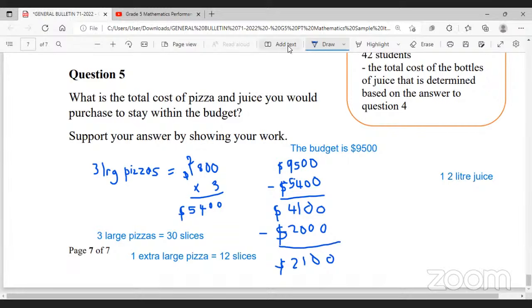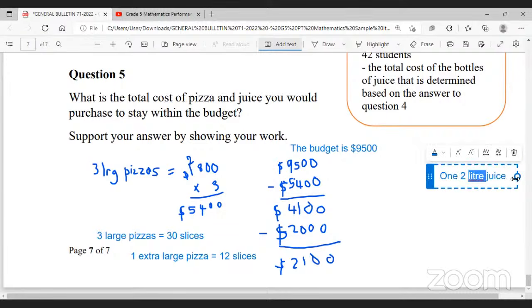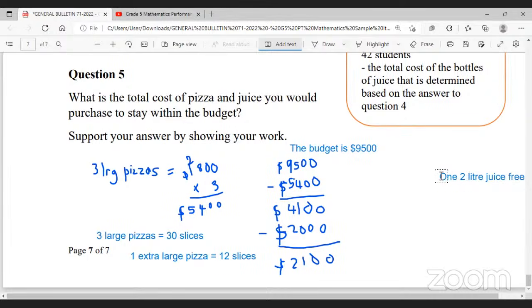And I know that I got one free already. So 2-liter juice free. So now I can calculate how much it would be for 10 2-liter juices, right? Because I already have one free.